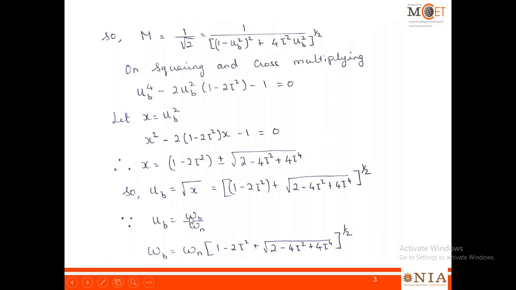In the earlier video also we have seen that the resonant frequency divided by the natural frequency is equal to ur, the normalized resonant frequency. So now the bandwidth frequency divided by the natural frequency will be equal to the normalized bandwidth frequency ub. Since we know ub, you multiply it with omega n, and you will get omega b. This is the bandwidth frequency in radians per second.